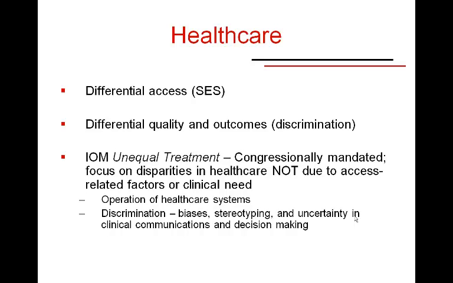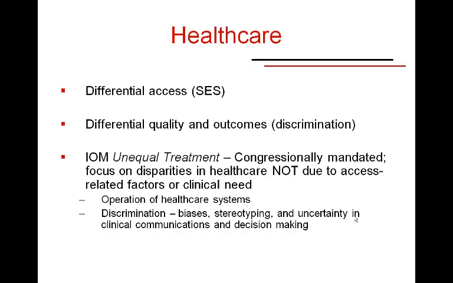And one report that I think has done a really good job in documenting this quite extensively has been an Institute of Medicine report that was congressionally mandated called Unequal Treatment, that focused on disparities in healthcare that were not due to access-related factors or clinical need. So again, sort of holding constant issues around socioeconomic status that might be important drivers of getting care, different quality of care, the different speed of access to care, and so forth.